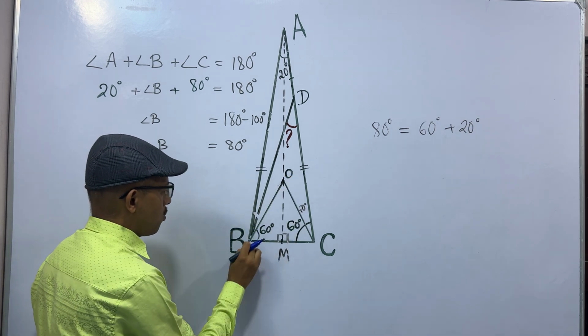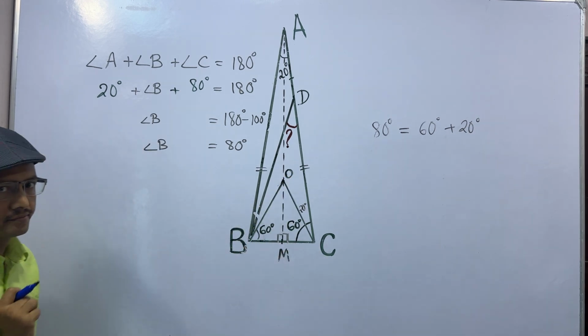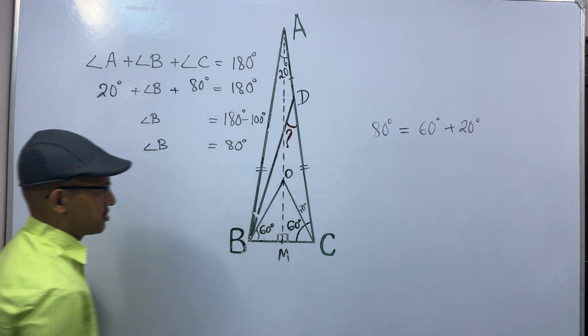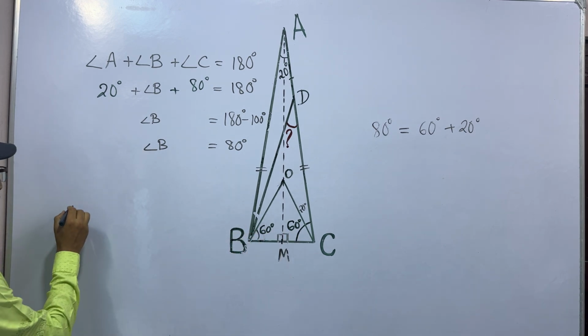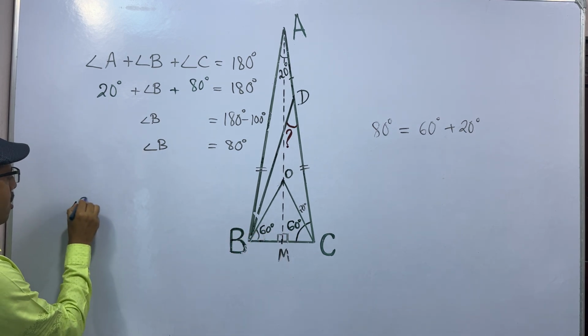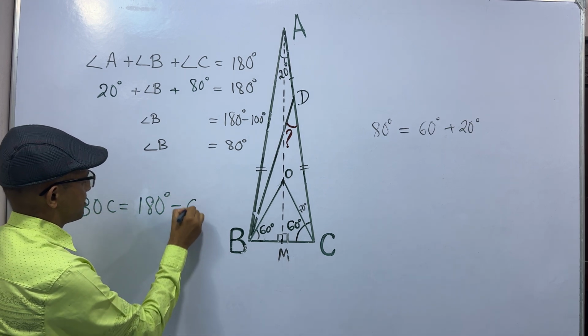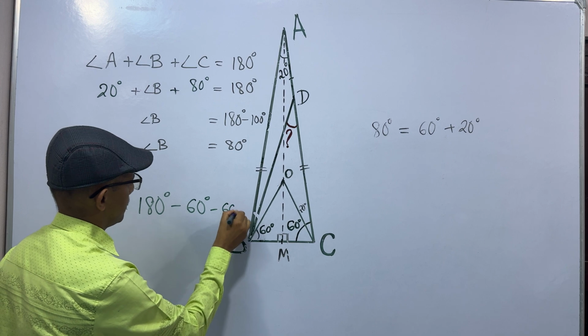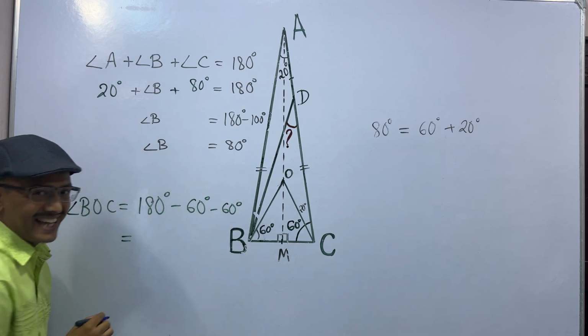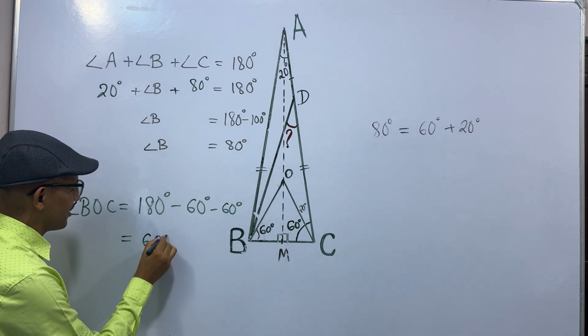Consider the triangle OBC. Two angles measure 60 degrees each. The third angle, angle BOC, must be equal to 180 degrees minus 60 degrees minus 60 degrees, and that's again equal to 60 degrees.